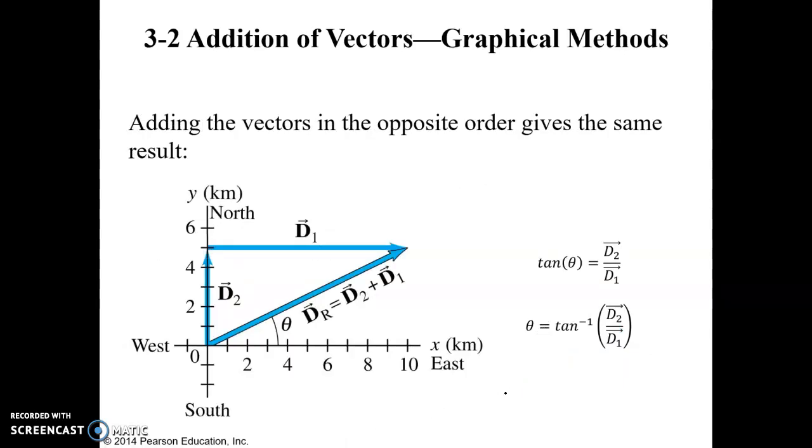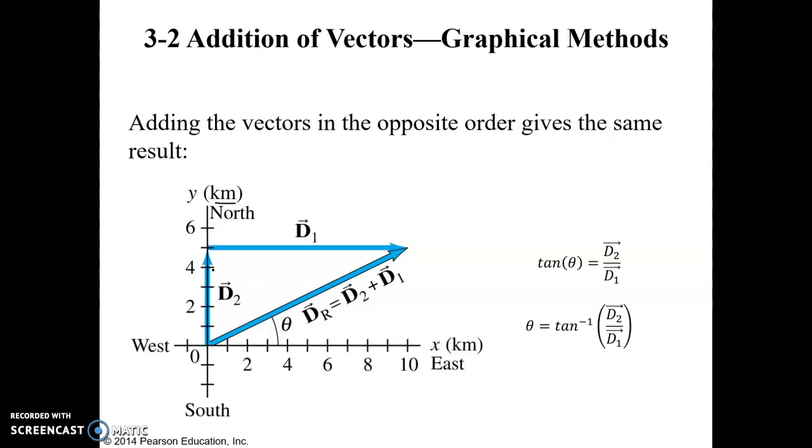So here we have basically the same example. We have d1, d2. d1 is horizontal and 10 units long. d2 is 5 units long. Looks like our units are kilometers here. So 5 kilometers. And we want to add them together. How would we do that?